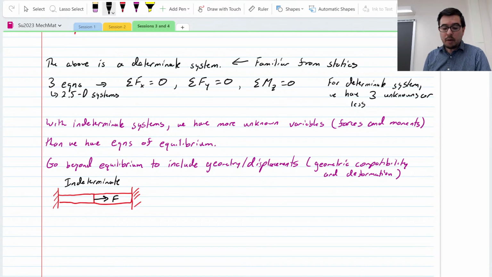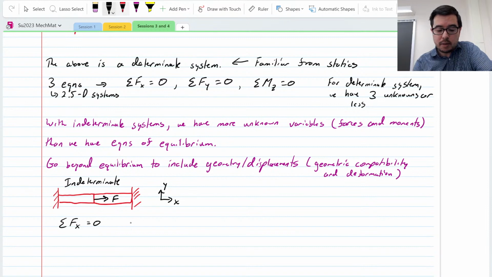If we take x, y, and z coming out of the board, the only equation we have for equilibrium here is the sum of the forces in x.